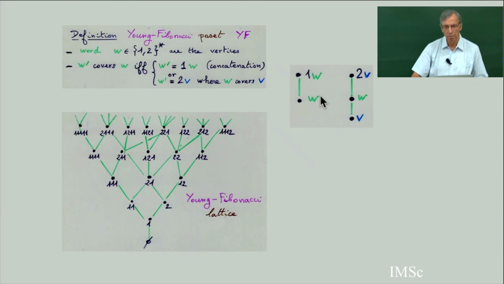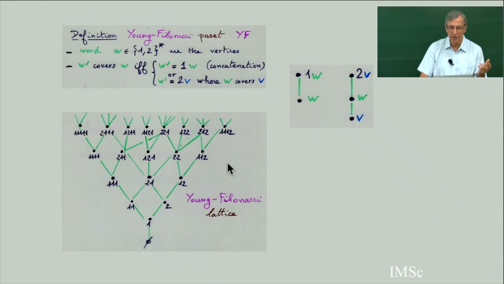When you have a point W, it's some word in the letters 1 and 2. Then 1W will cover the word W. And the word 2V will cover the word W as soon as V is covered by W. So with these two conditions, you get a lattice, which is called the Young-Fibonacci lattice.